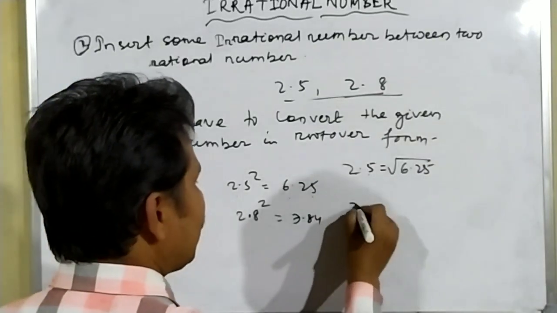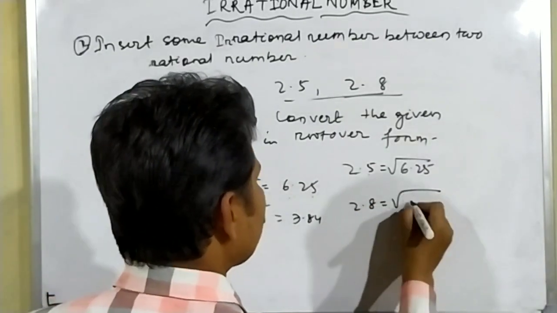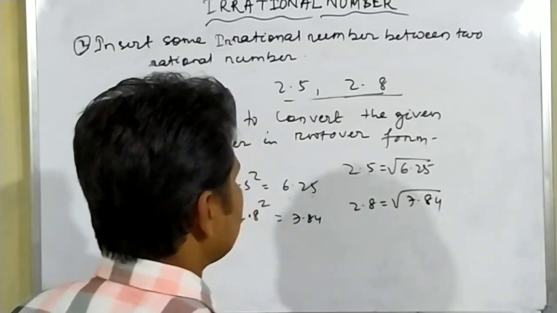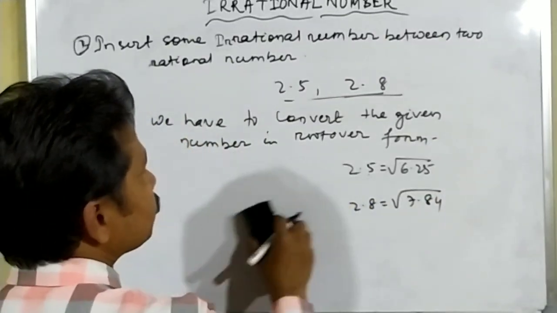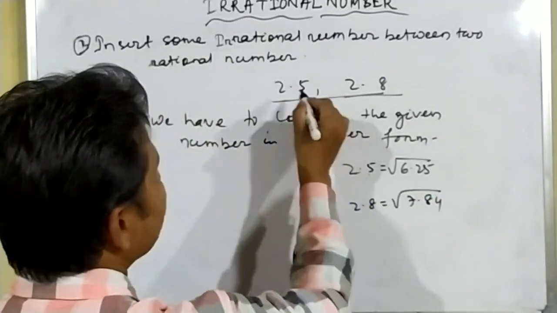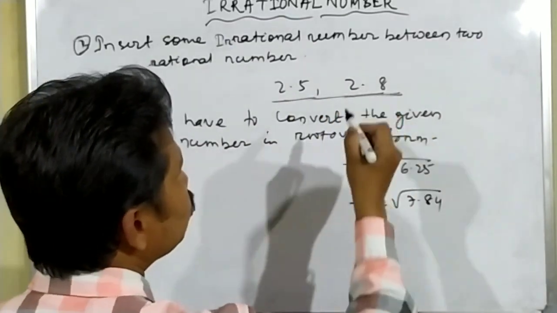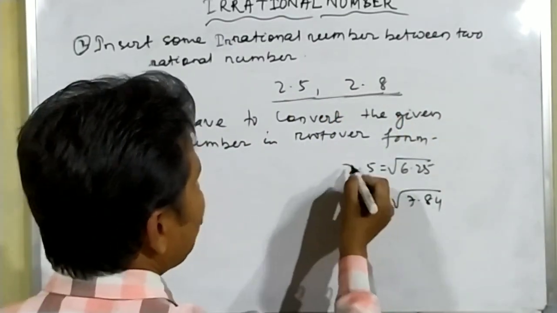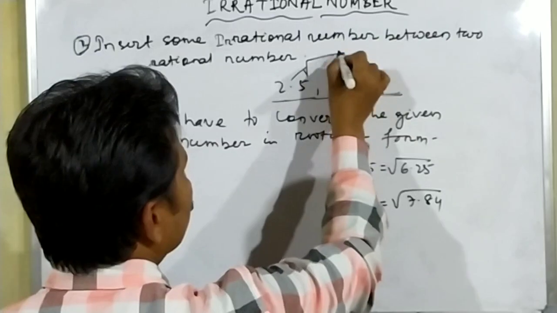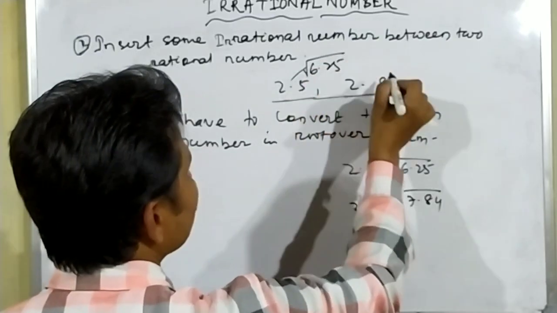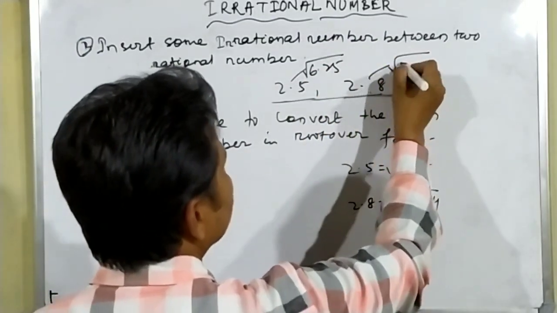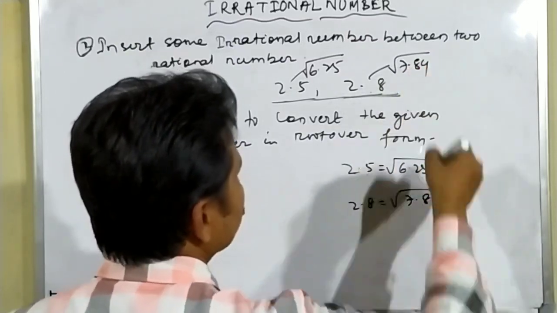That means we can write that 2.8 equals root over 7.84. Yes or no? So now our numbers are 2.5 and 2.8. We can write 2.5 as root over 6.25 and 2.8 as root over 7.84.